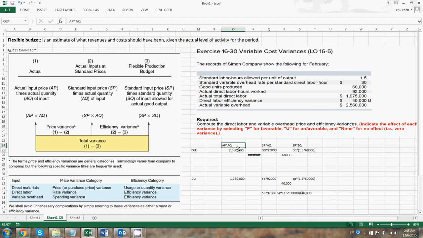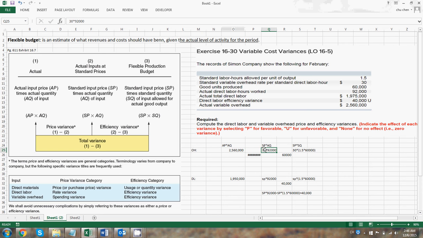For AP times AQ, we don't actually need to look for AP and AQ, because we know the actual cost, the actual variable overhead cost, since this question gives it. We can directly put it down here.